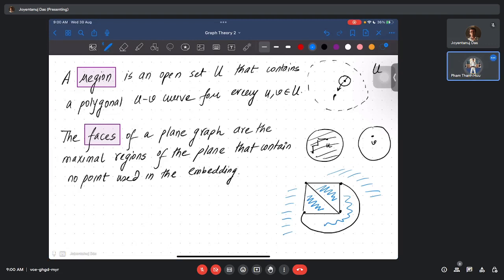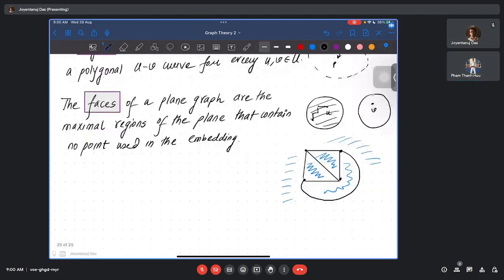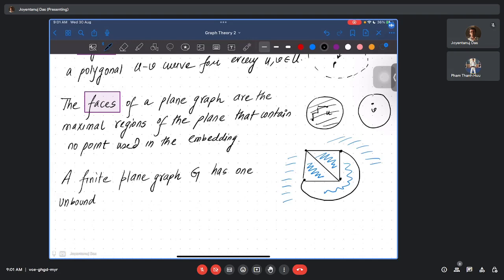So that is the next point they are making. A finite plane graph G has one unbounded face. That is the outside one, also called the outer face.